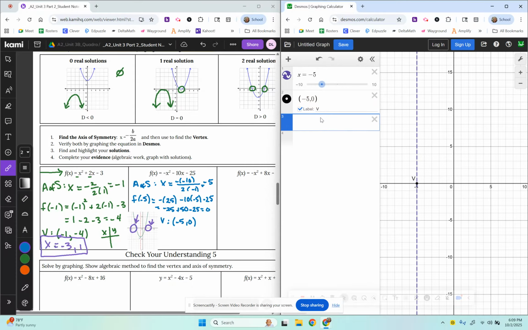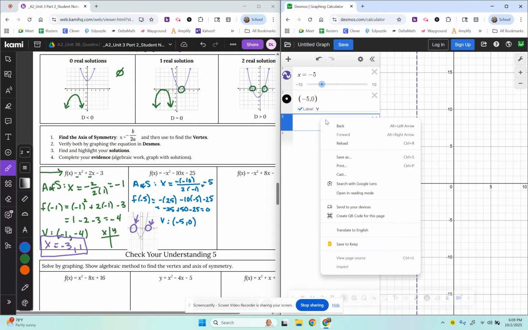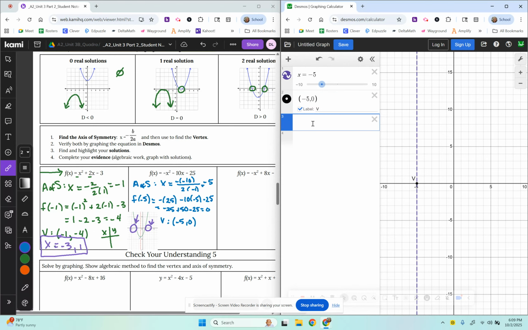Then I'm going to plug in my equation. f of x equals -x squared. Notice the negative isn't inside parentheses, so only the x is getting squared, and then we have to multiply the negative after that. Minus 10x minus 25.